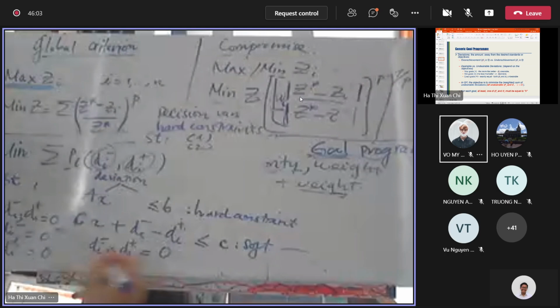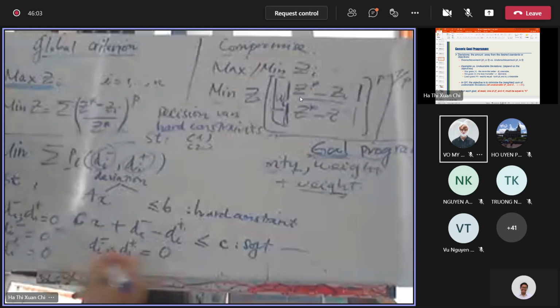You know lexical is like when you look up the dictionary, we have A, B, C, D. If A here, we look up the words related with A, the category A, B, C. So priorities means they call it lexical. Lexical also has 1, 2, 3. That is the preemptive. Lexical or preemptive goal programming uses priorities.